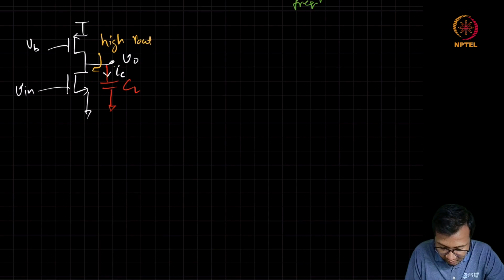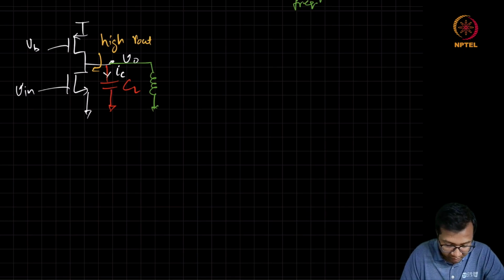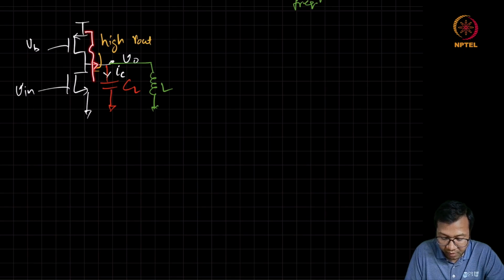So it turns out that if you connect an inductor in parallel to the CL, then at the resonance frequency of the parallel combination of LC, the current supplied by the inductor is exactly equivalent to the current going to the capacitor, so that the net current seen looking into this LC parallel combination will become 0, and that current will only flow to the real impedance R out of the amplifier.